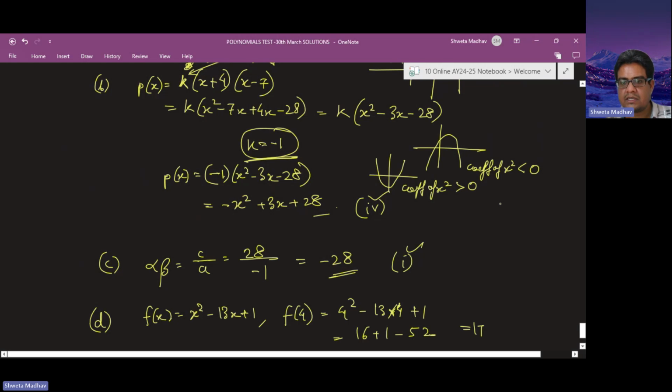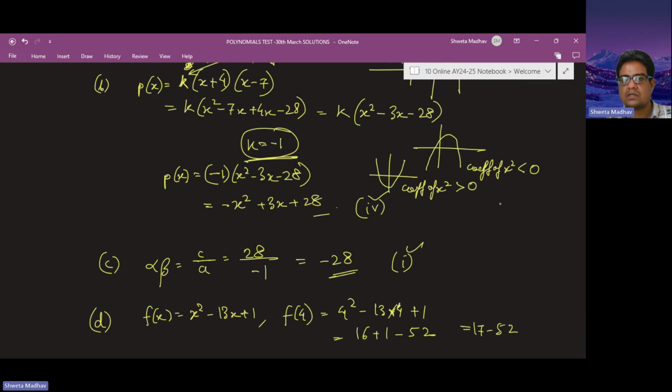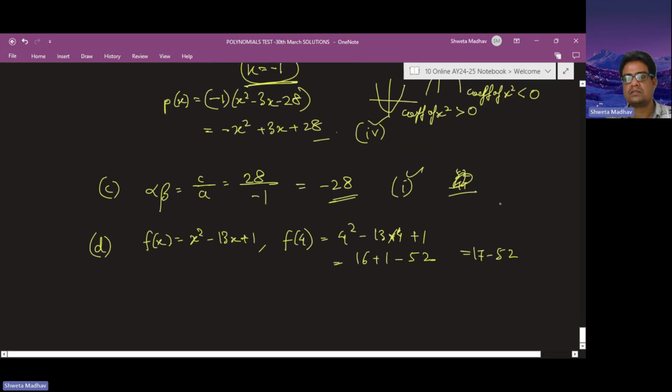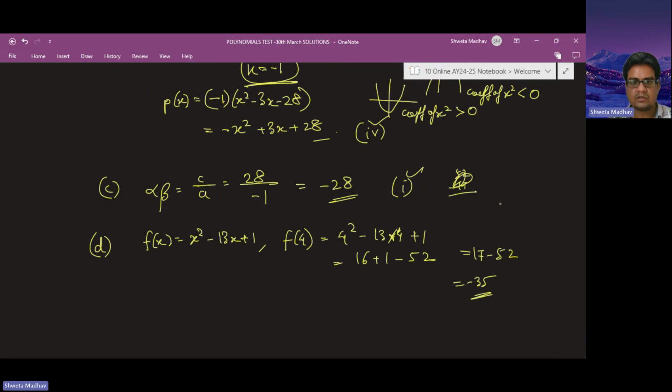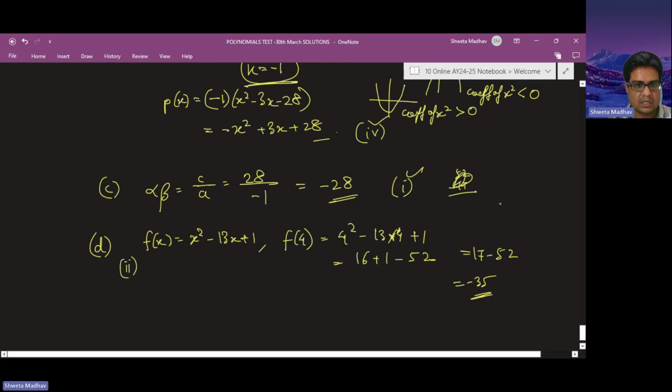So this will be 17 minus 52, which is minus 35. So in part D, option number 2 is the correct answer.